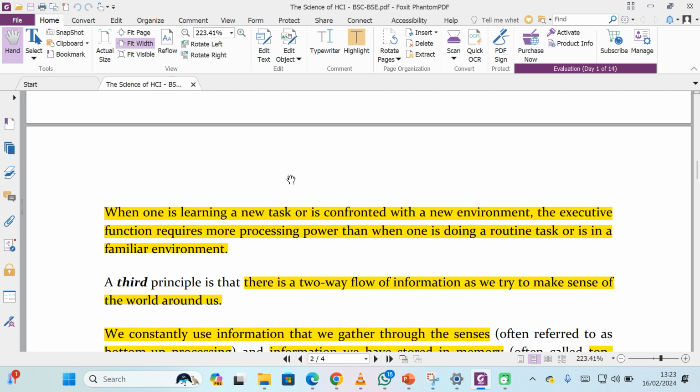So in a new environment, learning is not as easy as compared to something you've been doing almost all day long. When you are performing those tasks, your executive function does not require much energy. It's something you already know. So retrieving information is quite easier.